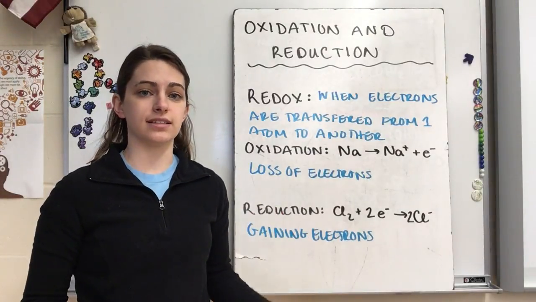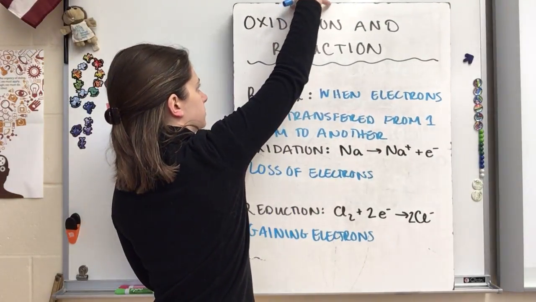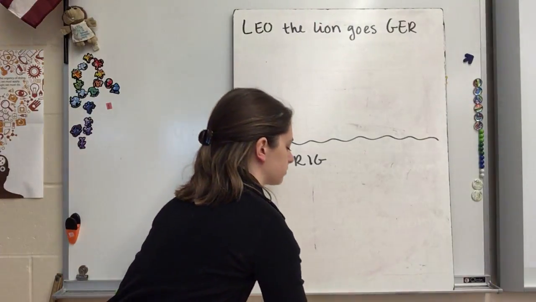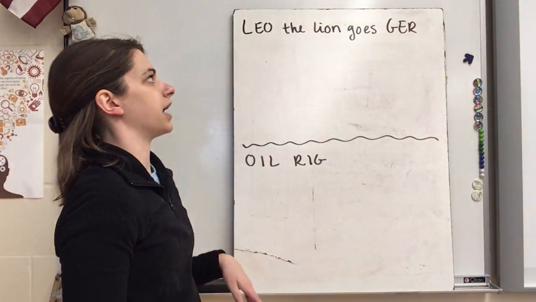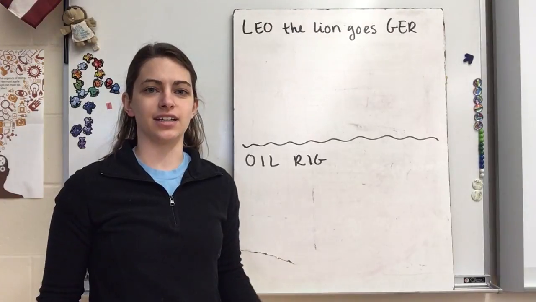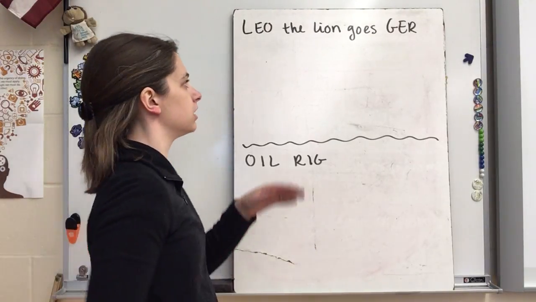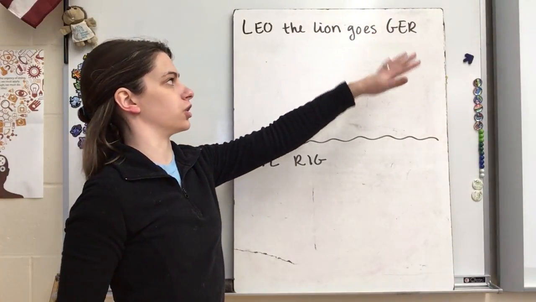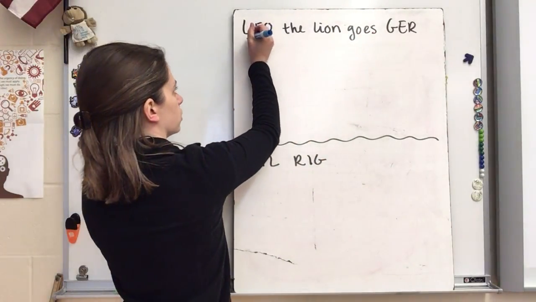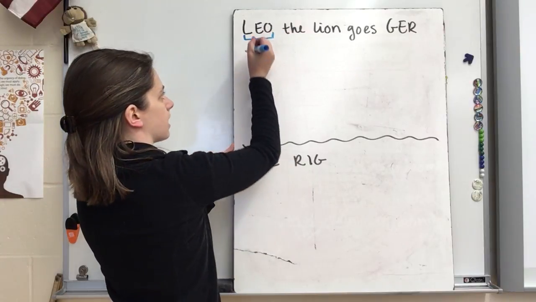So there are 2 ways that we can remember this. The first way is by using the phrase, Leo the lion goes grr. Now, I know it sounds kind of silly, but trust me, it'll get stuck in your head. Leo the lion goes grr. Leo is loss of electrons is oxidation.